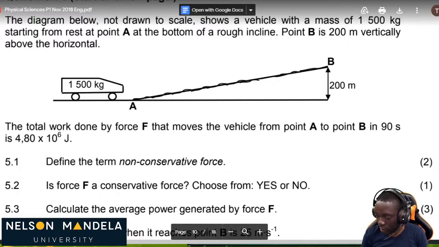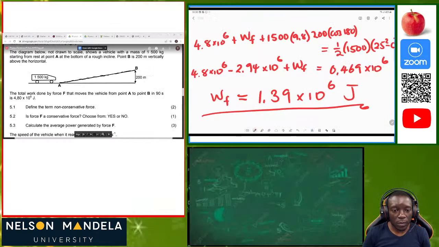So subtracting that from 0.469 times 10 to the 6, that's 1.39 times 10 to the 6 joules. That's the work done by friction on the car.